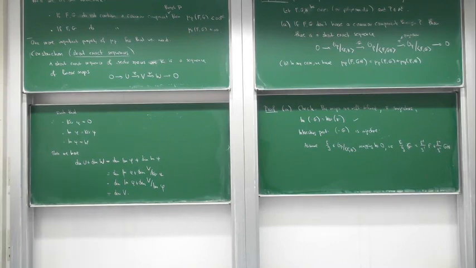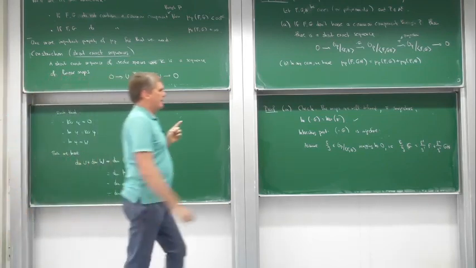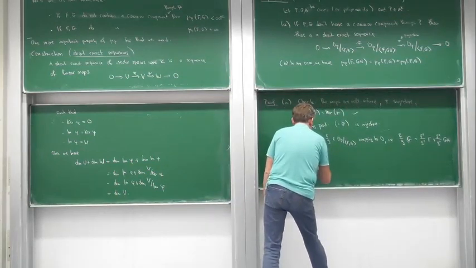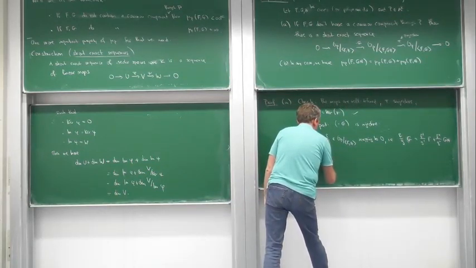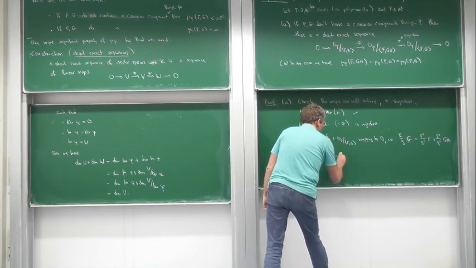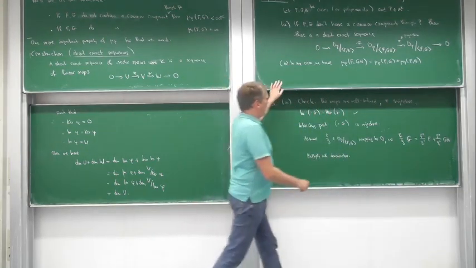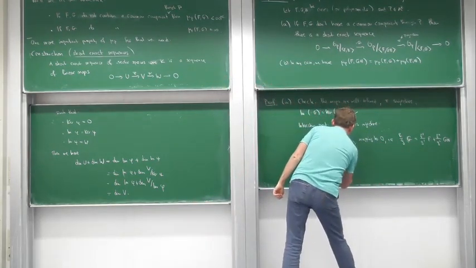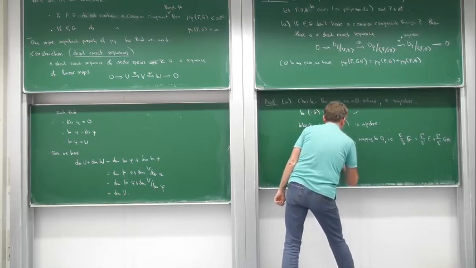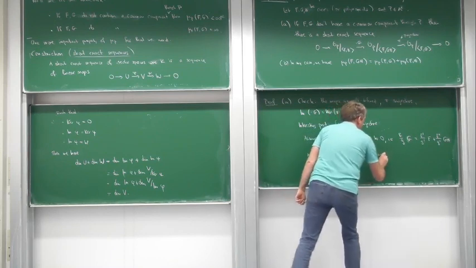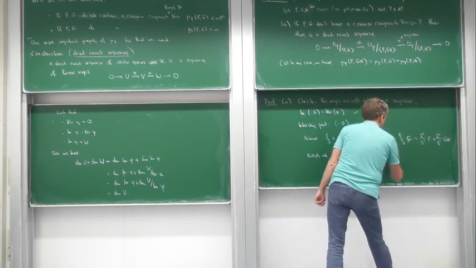I don't like these denominators, so I'll just multiply with them, and of course I can do that. I don't know anything about these f's and f primes, so multiplying with a common denominator, we can assume we have this without the denominators.